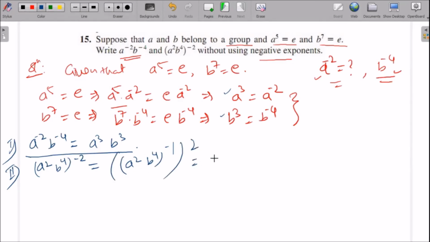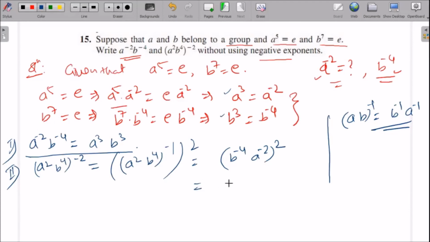So this equals (b^-4 a^-2) squared. We have just used (ab)^-1 equals b inverse and a inverse, the reversal law.